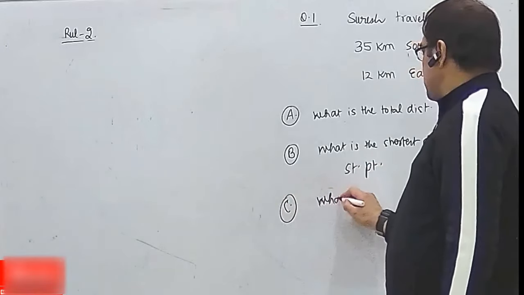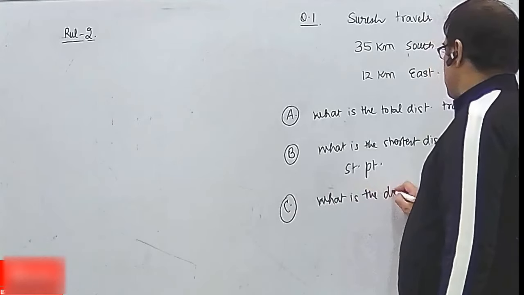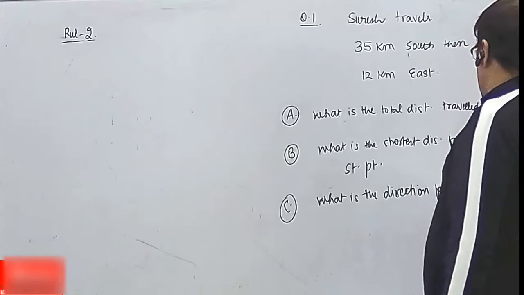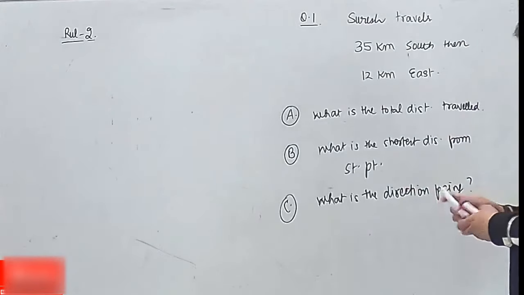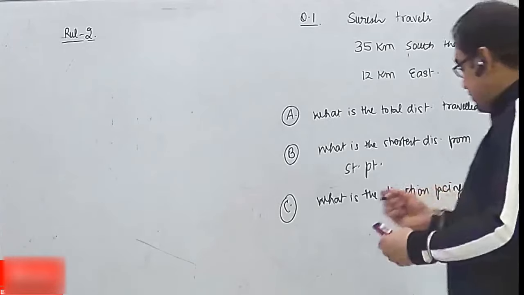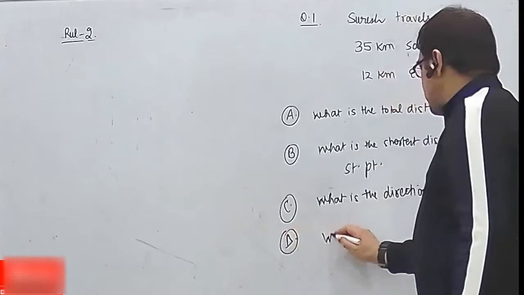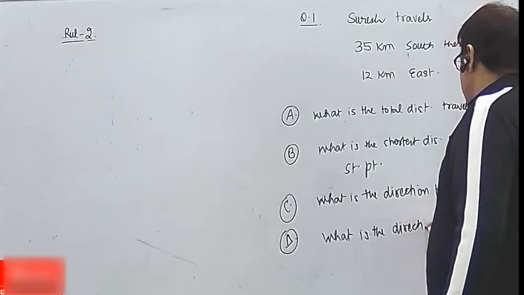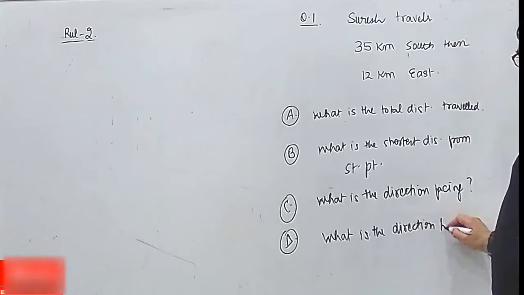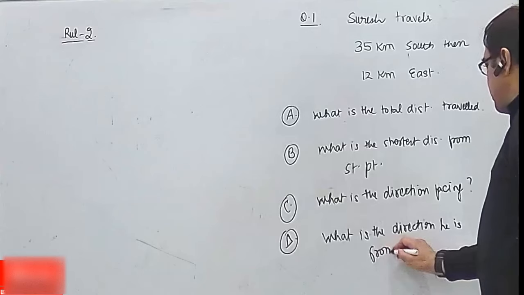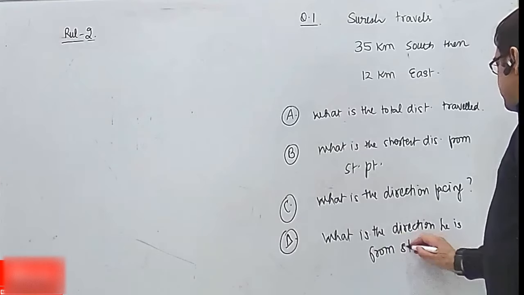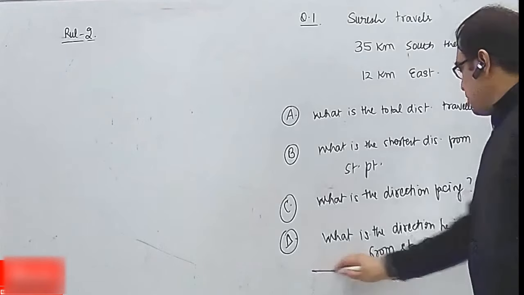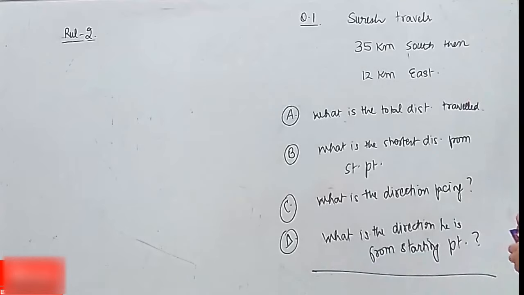C part: what is the direction he is facing after he has traveled both the distances? D part: which direction is he from the starting point?